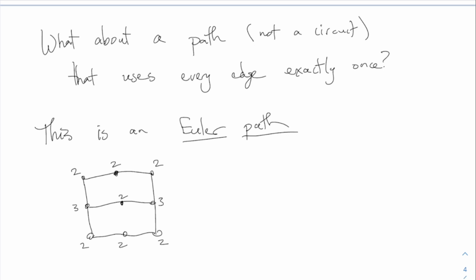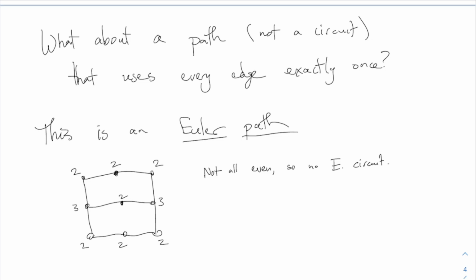Now, here, there is no Euler circuit because they're not all even. That's the rule for Euler circuits: they have to all be even. So no Euler circuit. But I'm here to tell you there is an Euler path. There's actually a way to cover all the edges without repeating any; it's not going to be a circuit.